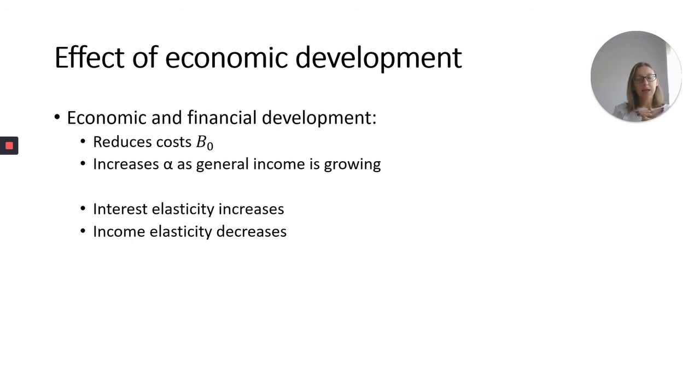But if this growth of income leads to the number of poor people decreasing, and so alpha increases, so that the share of the population which holds bonds because it becomes profitable is increasing, then income becomes a factor with lower importance.